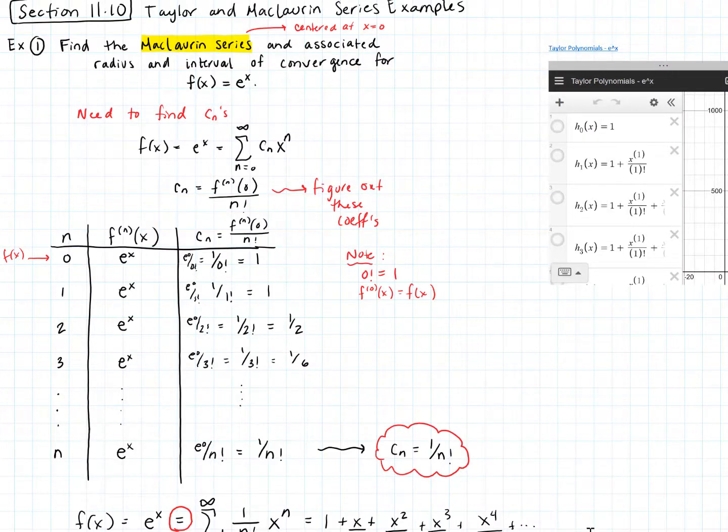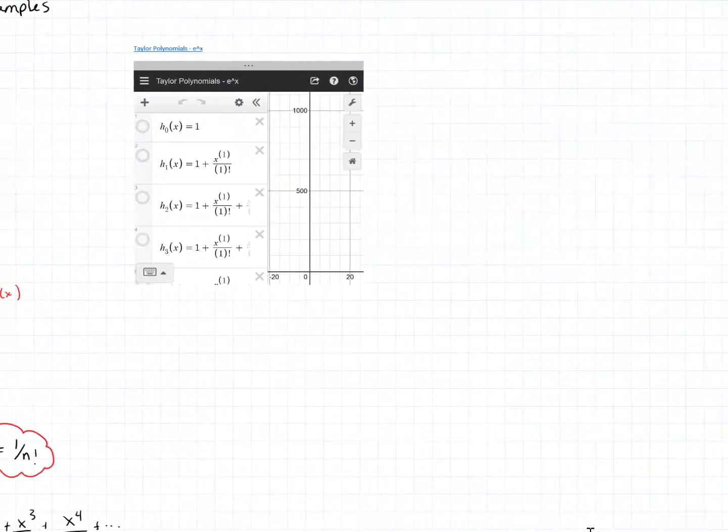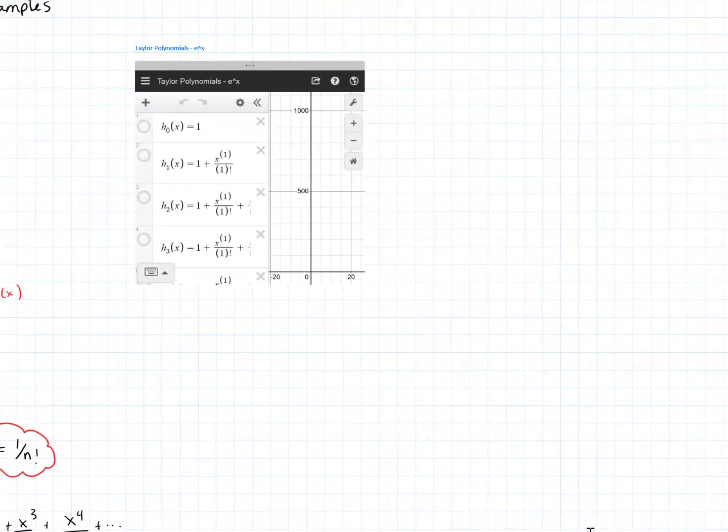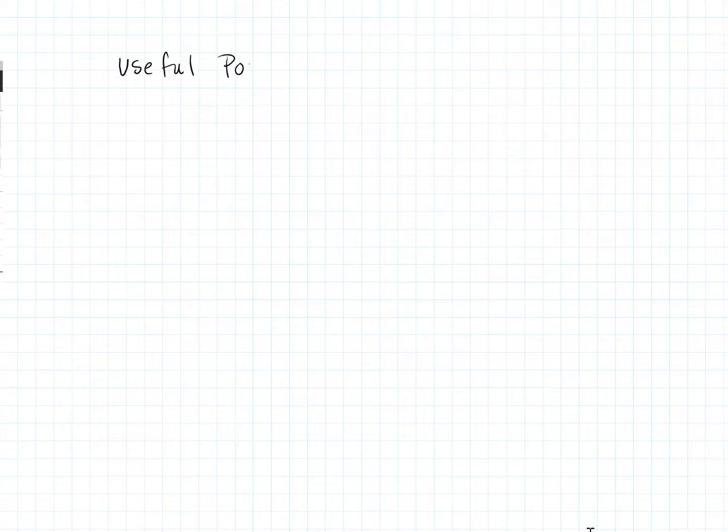Okay, so now this is going to become one of our useful power series, this e to the x. We have a couple of useful power series right now. We could go in here and put them in. So far we've got our useful power series that we've been working with, and we're just building up a little bank of useful power series, and we would want to add this e to the x.